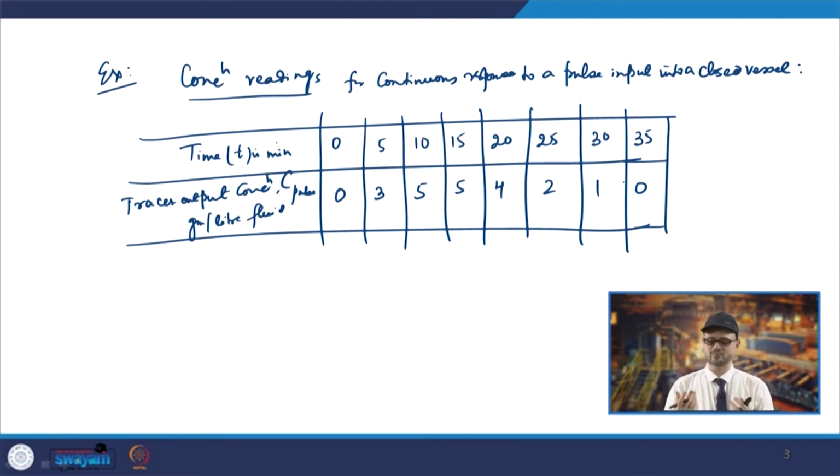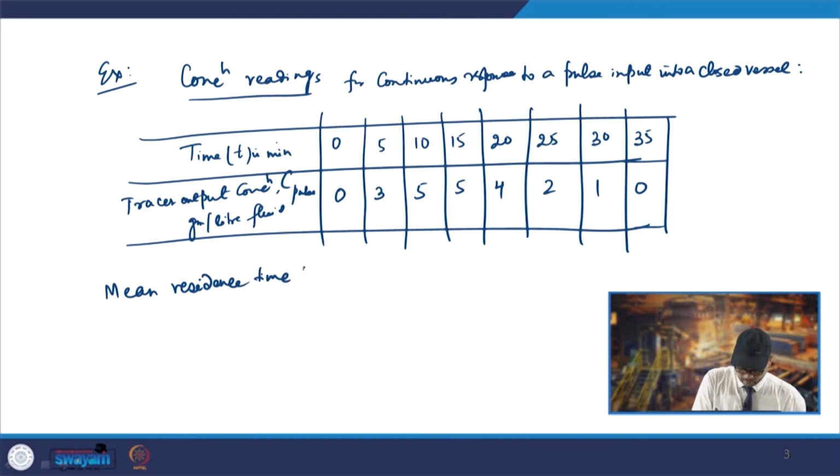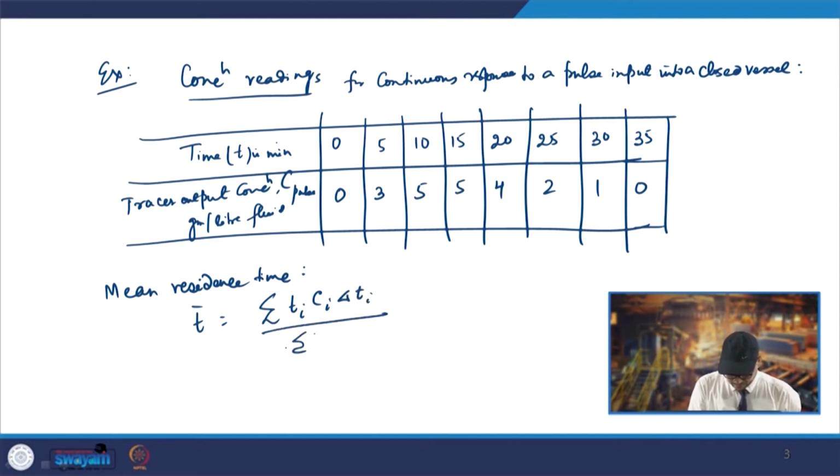So, you can find the mean residence time, which will be T bar. As you know, you have delta T of 5 minutes, so you have the summation of Ti Ci delta Ti over the summation of Ci delta Ti.